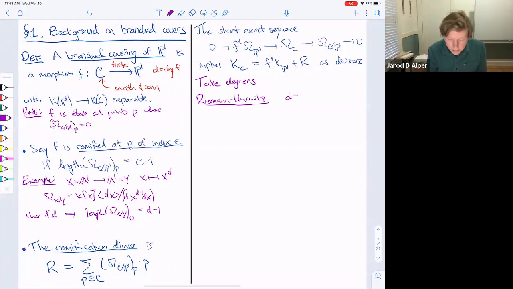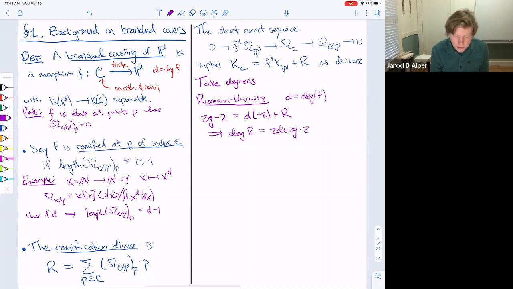So D is going to be the degree of F. Computing the degree of omega C is 2G minus 2, where G is the genus of C. And therefore this is identified with the degree of the pullback of the sheaf of differentials, so you multiply the degree of omega on P1 by D. So this is D times minus 2, plus the ramification divisor R. And so you get that the degree of R is 2D plus 2G minus 2. And this is the content of Riemann-Hurwitz.